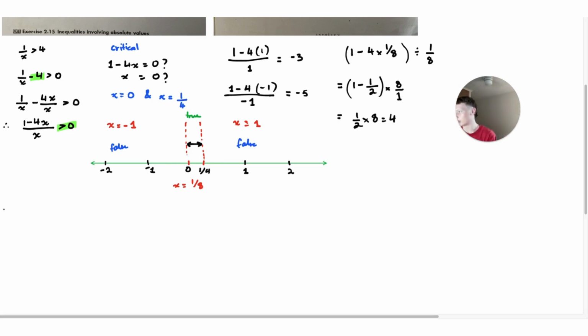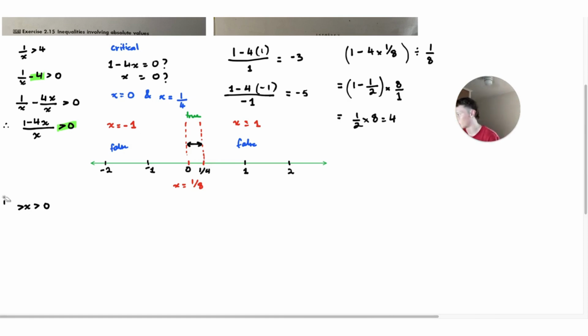So our solution set for x is going to be x is greater than 0, but not equal to, because when x is 0, that's our critical point, but the actual function is 0. And x is less than a quarter. So that would be our solution set there.